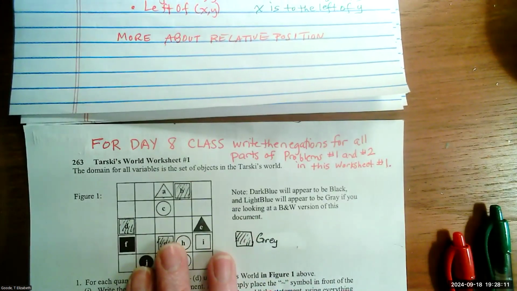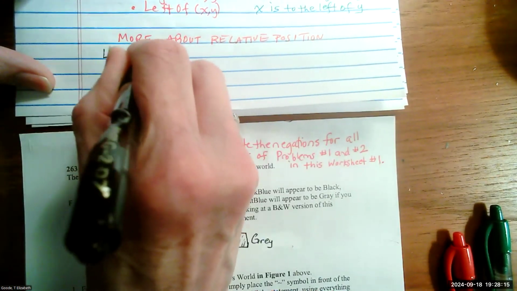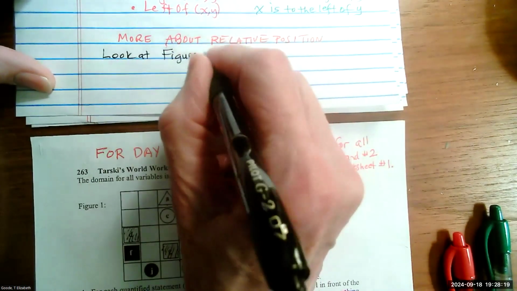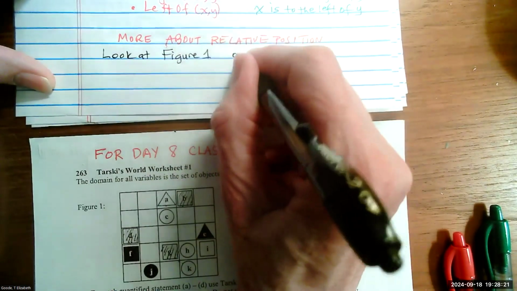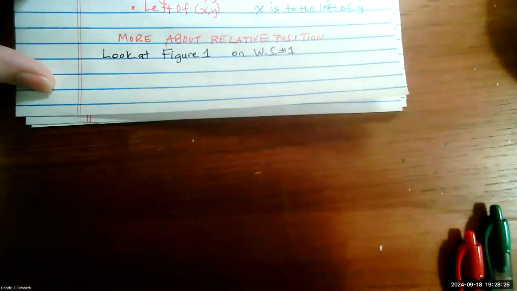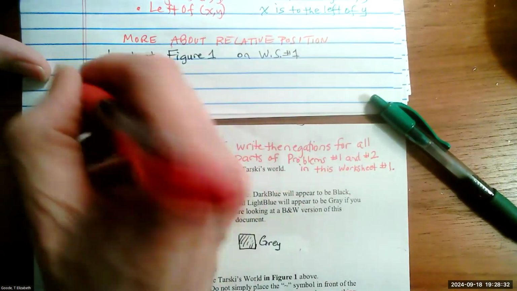Let's talk about above x, y. Figure 1 is the same on both worksheets. I'll just say on worksheet number 1, but it's the same on both of them. So above x, y, what does that mean?